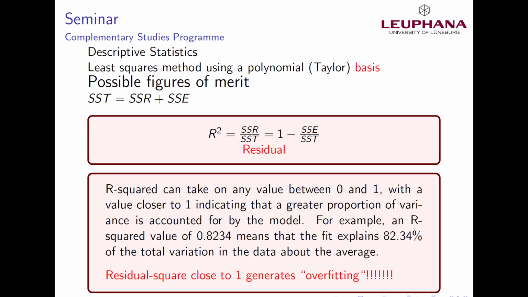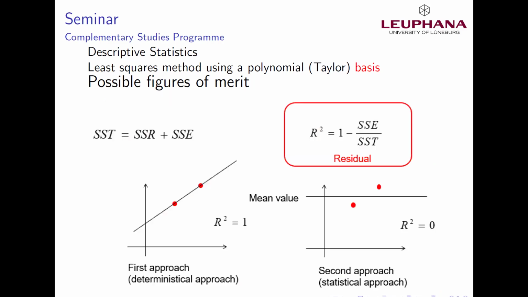If the value is close to 1, in our case, the result indicates that a large proportion of the variance is accounted for, is fitted, by the model. There's a little bit of this situation here, even though here it is clearly on the left.